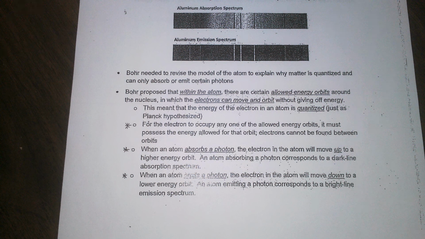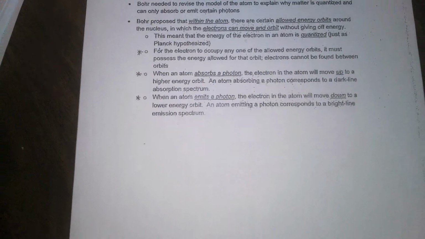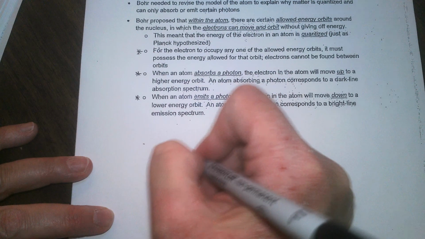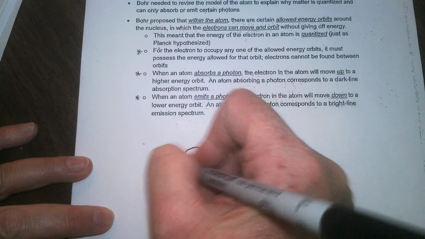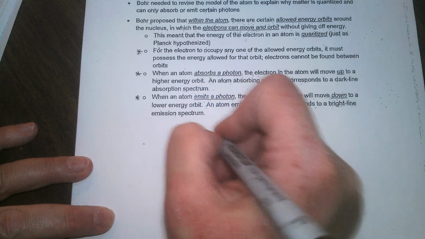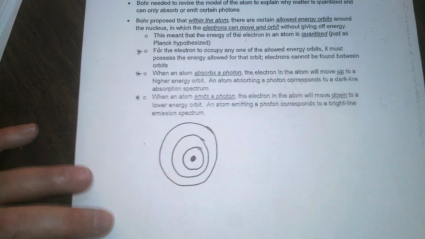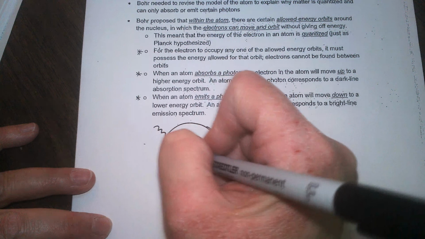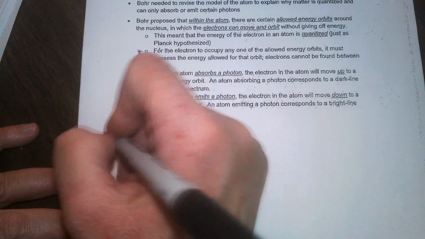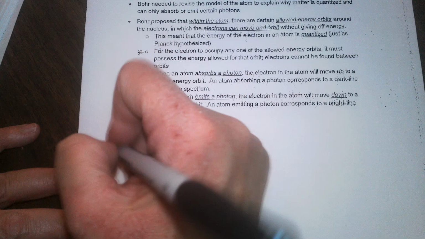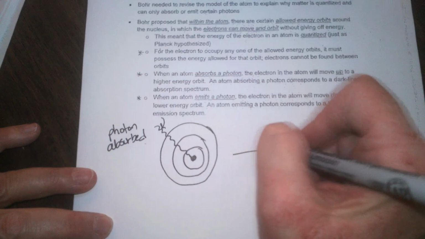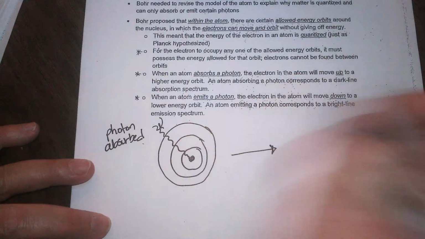So I'll draw you a picture. If we take this photon, and this photon is absorbed, here's an electron sitting right here.